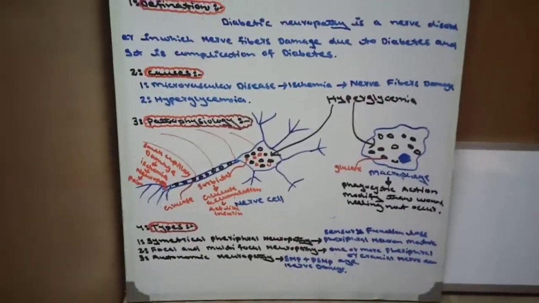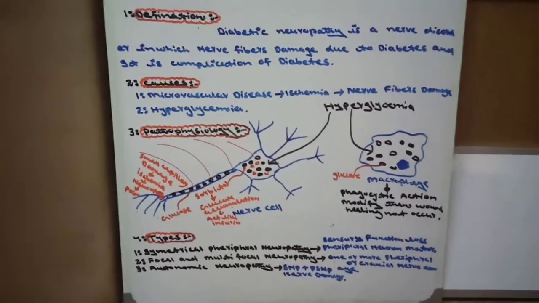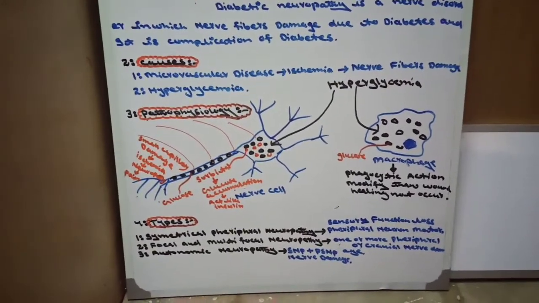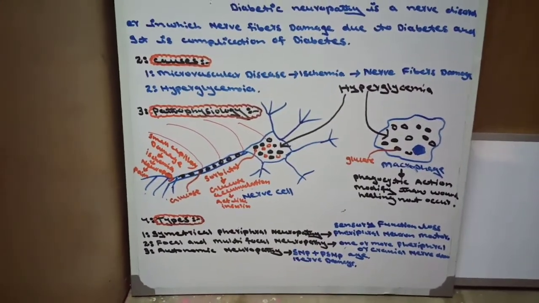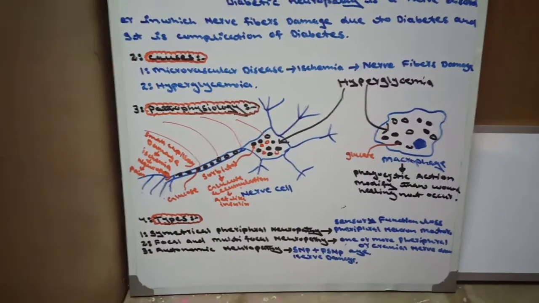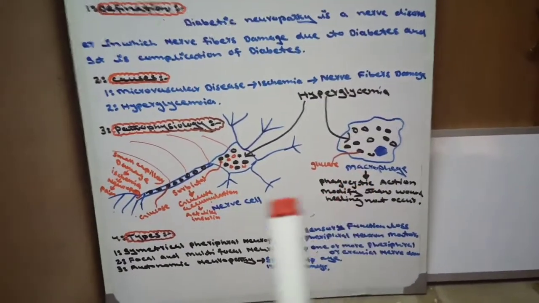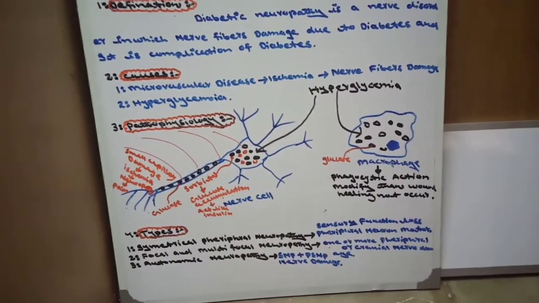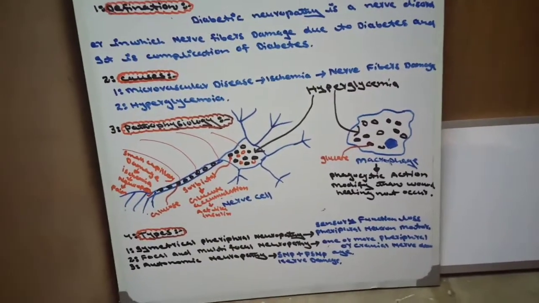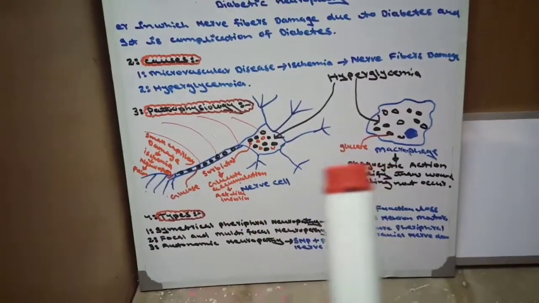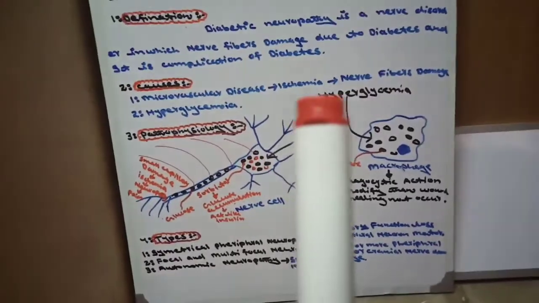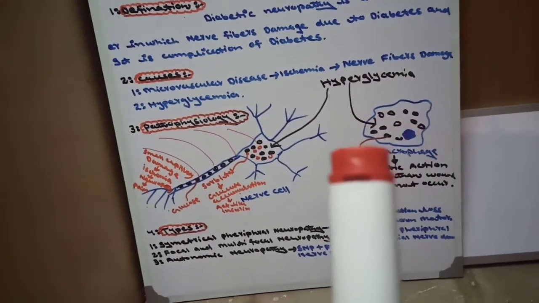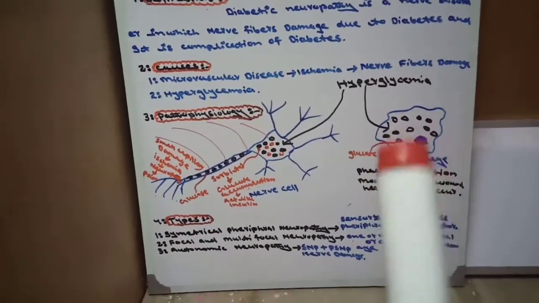In pathophysiology, the cells in our body most commonly damaged by hyperglycemia are two: number one is the macrophage and second is the nerve cell. When hyperglycemia occurs, there is an accumulation of glucose inside the macrophage.